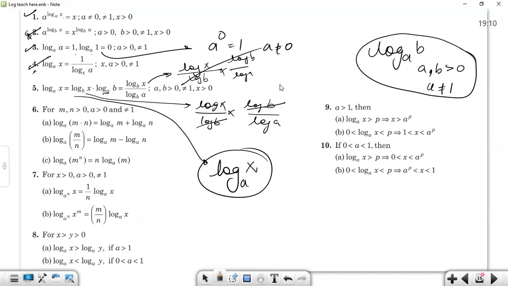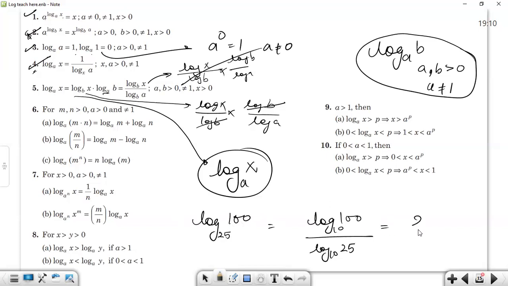Let's take an example: logarithm of 100 to the base 25. We can introduce another base, 10: logarithm of 100 to the base 10, and the same in the denominator. Now it's convenient for us because we know its value, it is 2.